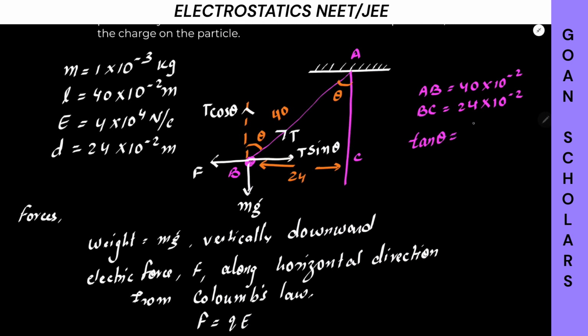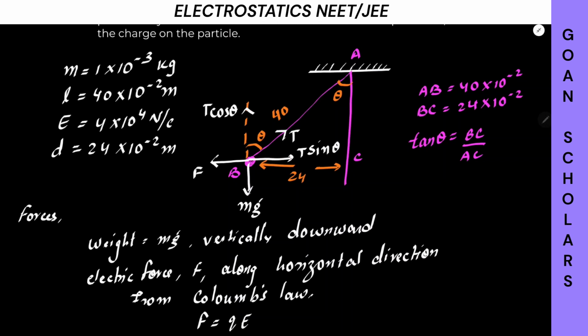Perpendicular upon base, right? If theta is made here, perpendicular is BC upon AC. But sir, AC is not given. But we can find AC, right? How can you find AC? AC we can find using Pythagoras theorem, correct?